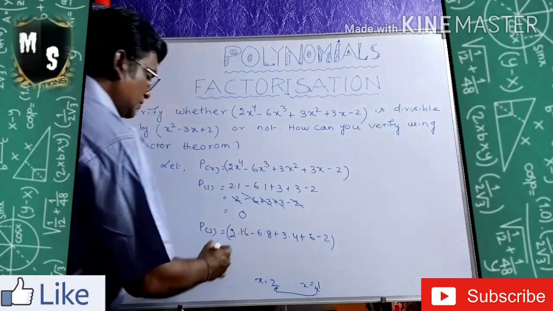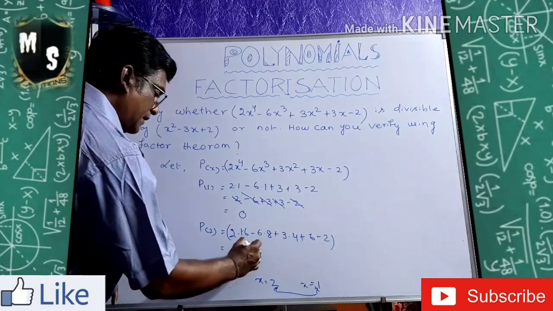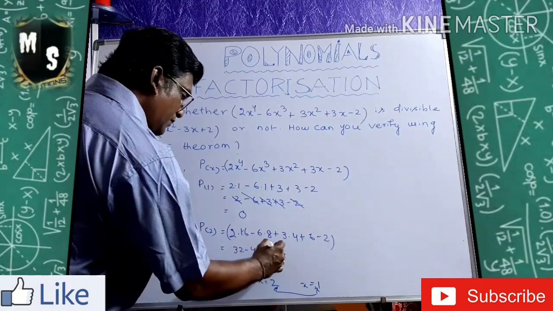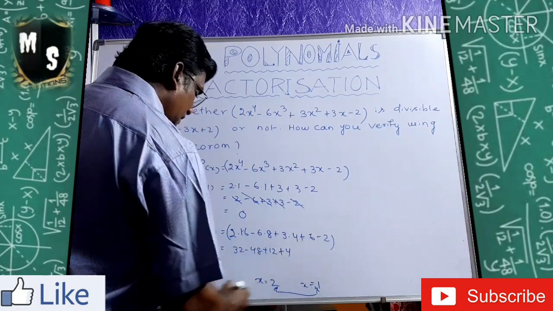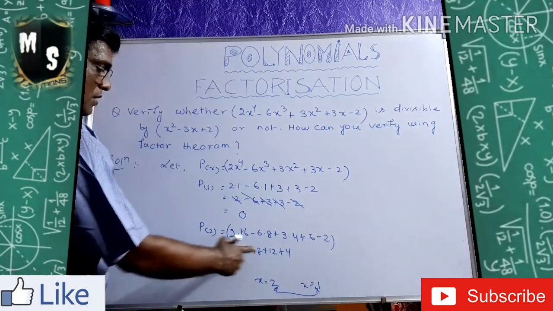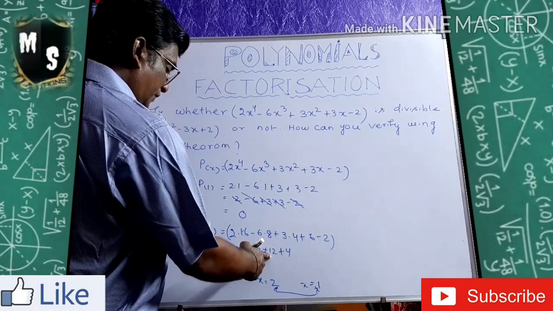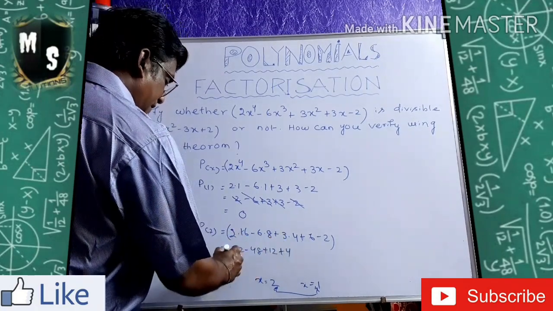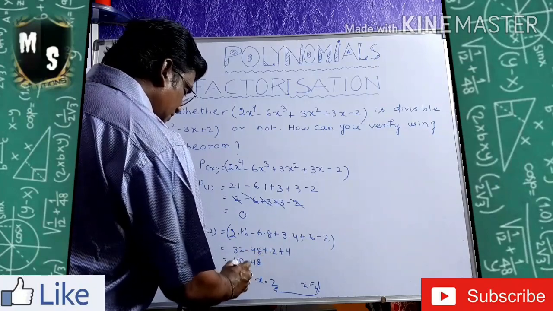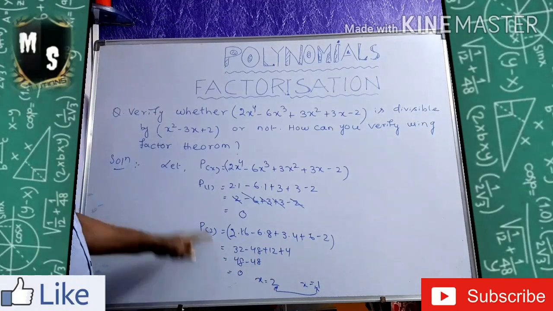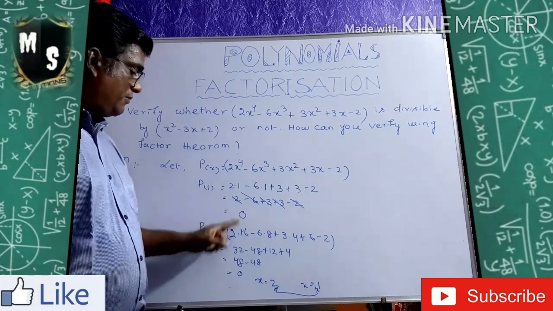Clear? So now it is 32 minus 48 plus 12 plus 6 minus 2 plus 4. Clear? Now 32 plus 12 is 44, plus 4 is 48. 48 minus 48 is equal to 0. So for both values, the polynomial value becomes 0.